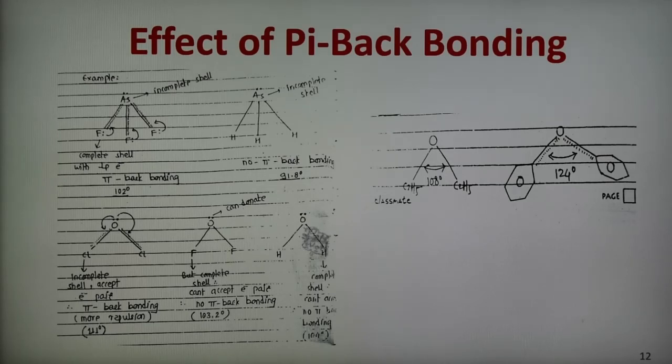Again, in diethyl ether, the central oxygen and carbon both have completely filled shells. Due to the absence of delocalization, pi back bonding is not possible, and therefore the single bond has less repulsive power, so the bond angle is also less. This delocalization is there in diphenyl ether, so diphenyl ether has a greater bond angle compared to diethyl ether.